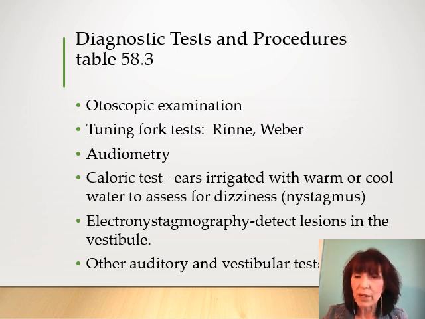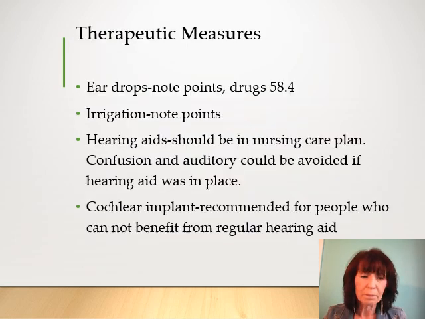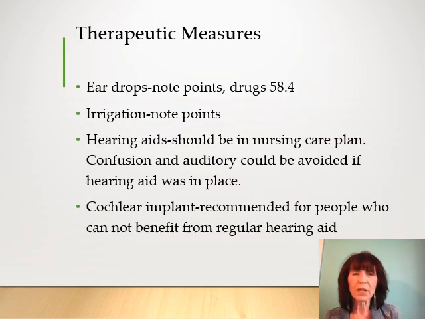Okay, let's see what else we have here. Some therapeutic measures. So how do we put eardrops in? Table 58.4 does talk about some drugs that we put in the ear. Broad spectrum antibiotics. We can put different antibiotics and softening agents.